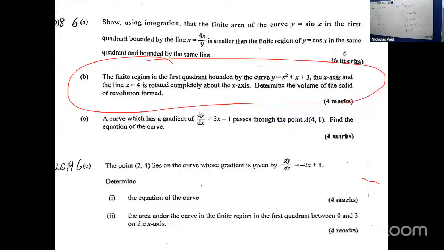Yep, 4 and 0, because it's first quadrant, the first value, between 4 and 0. Take your time when you expand this. That's a little bit harder than the normal expansion. Do it the long way.